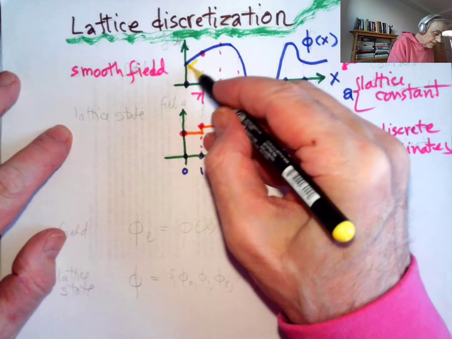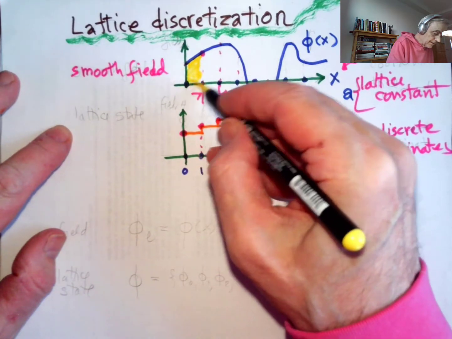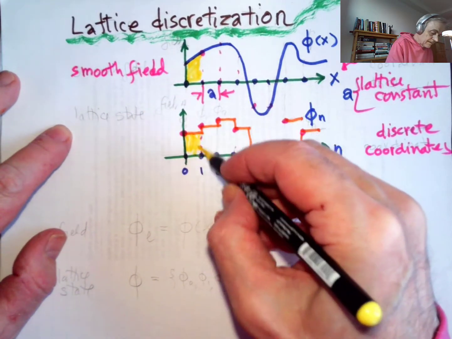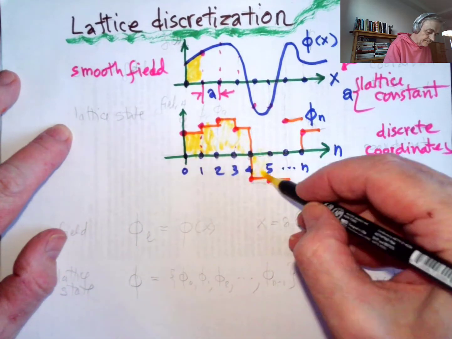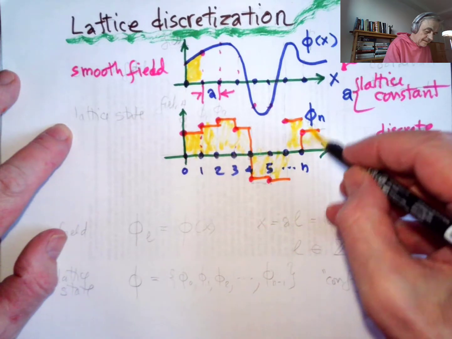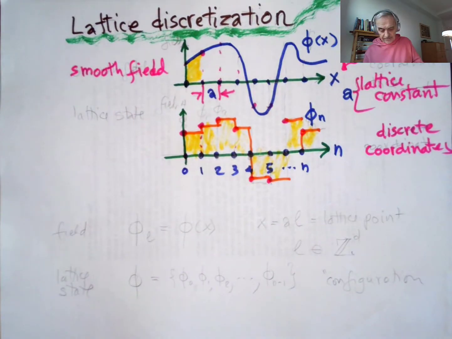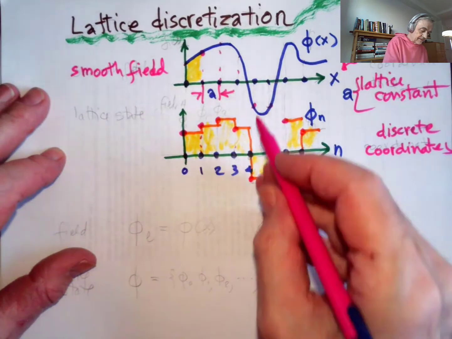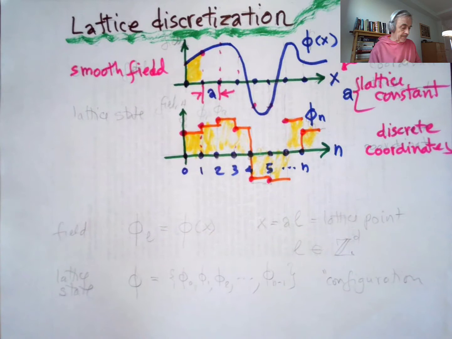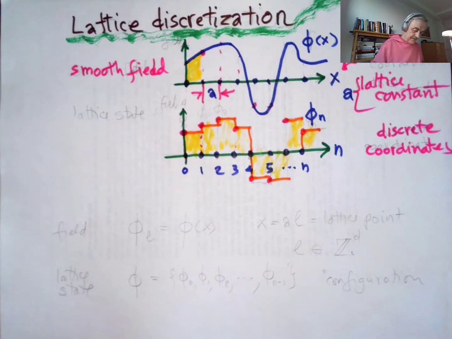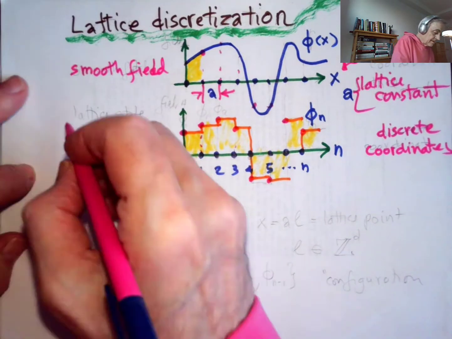So while here the field varied, you replace it by a bin, a step. And that's your discretized representation of your function, and you refine it as much as you need to get credible answers. You can see that it's not doing very well around here in representing the function. And now we'll refer to this as a lattice.